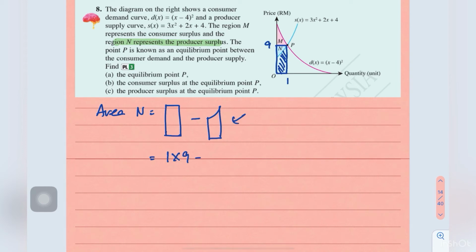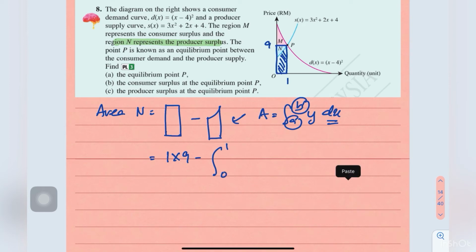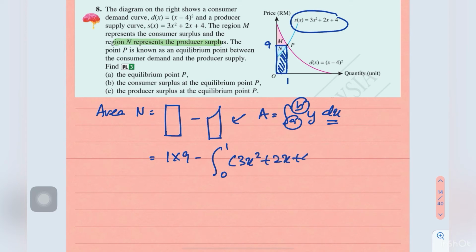Okay, for area under the graph, we choose formula area = ∫ y dx. Okay, a and b are values of x. So we just substitute into the formula. Lower limit is 0, upper limit is 1. Okay, for the curve, blue curve, the equation is 3x² + 2x + 4.